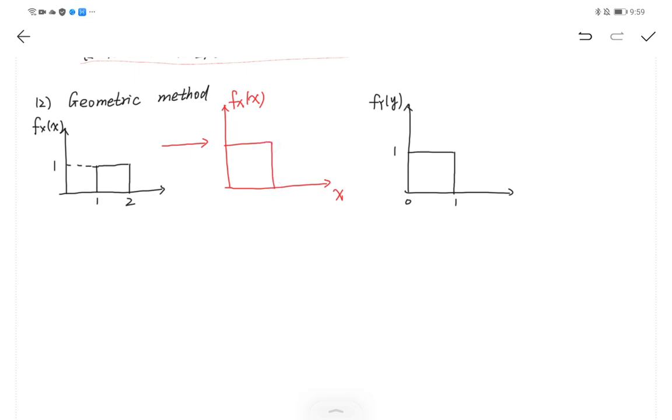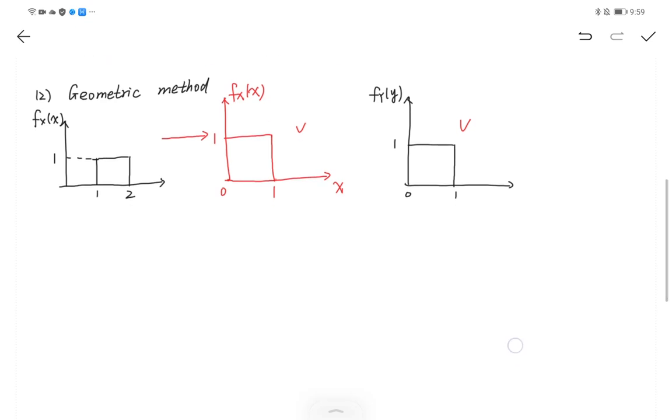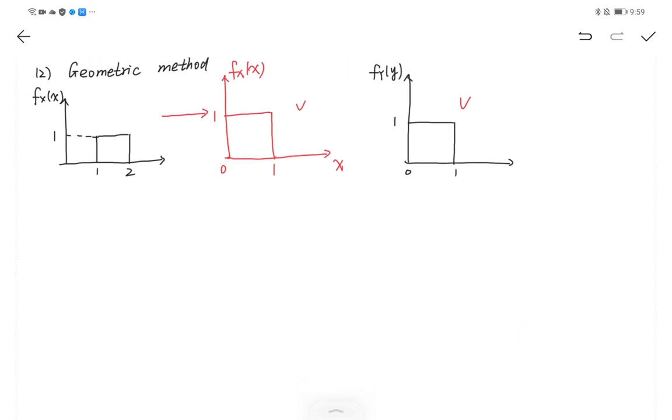So shift it to the left, from 1 to 2 to 0 to 1. Now we can use this and this to calculate the density function of z.